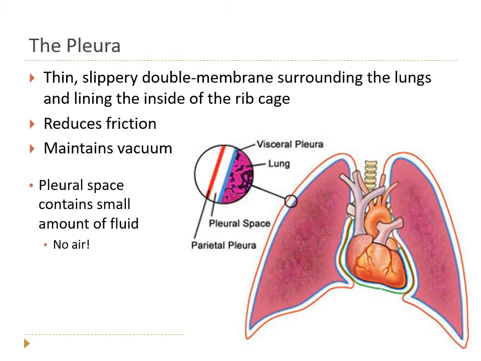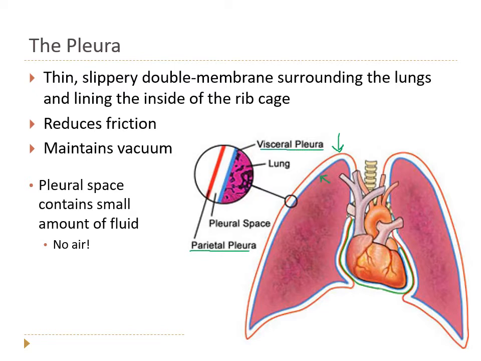So you probably remember from the beginning of the semester that the thoracic cavity, the pleural cavity, is lined by pleura, right? So we had pericardium surrounding the heart and pleura surrounding the lungs. This outer layer here, which is attached to the inside of the rib cage, is the parietal pleura. And this inner layer, which covers the surface of the lungs themselves, is the visceral pleura.